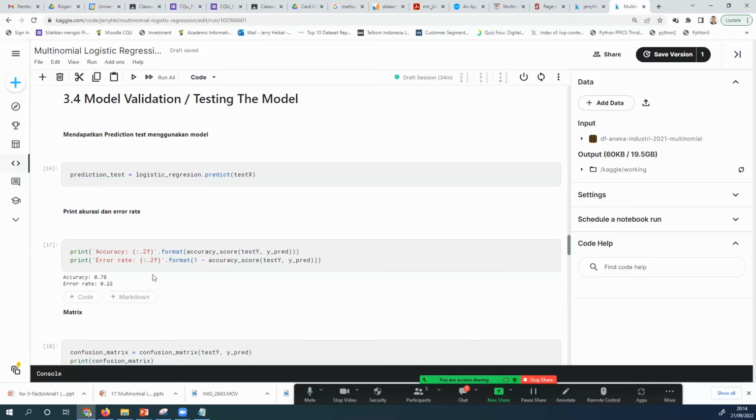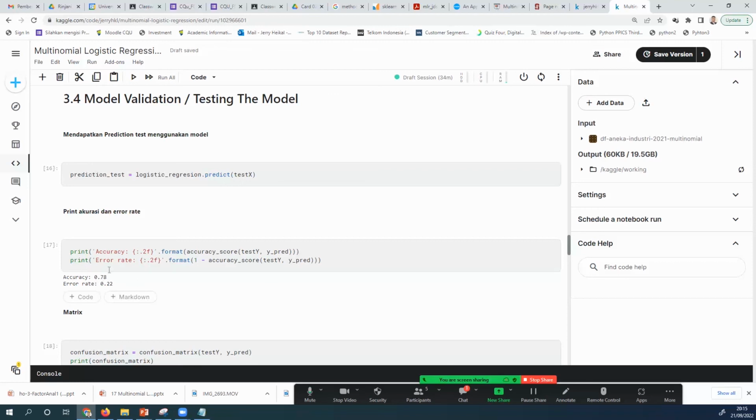This is the accuracy: print accuracy on the testing Y and Y prediction. So the data is there, whether it is 1 or 2 or 3 on the cluster on the testing Y, and the prediction is there. Now the new one is the Y prediction. So we need to identify the error rate, the accuracy.